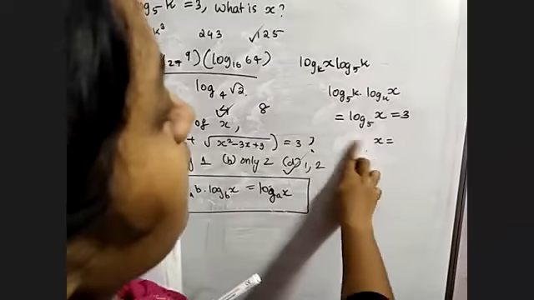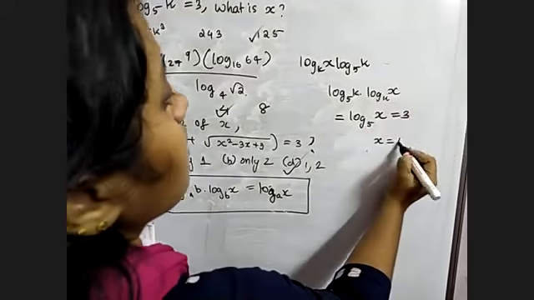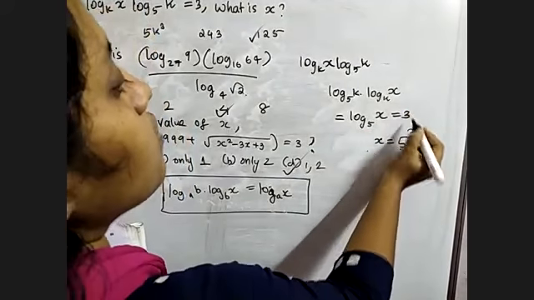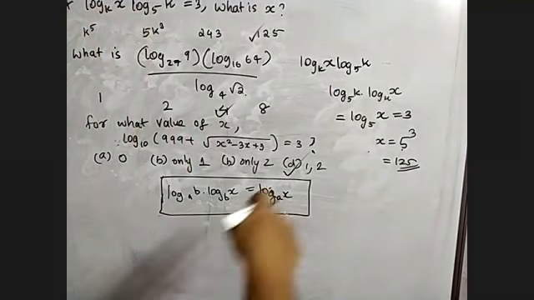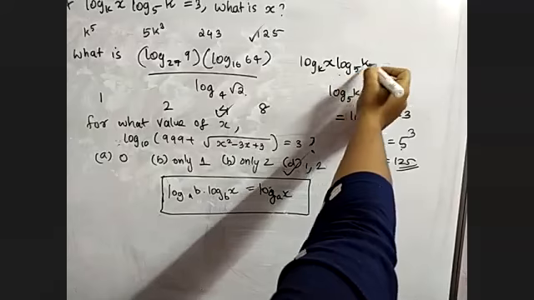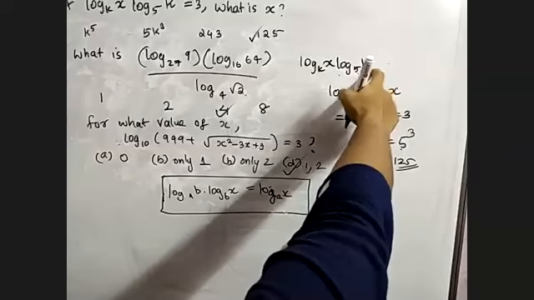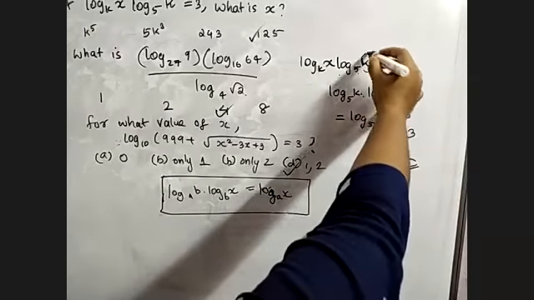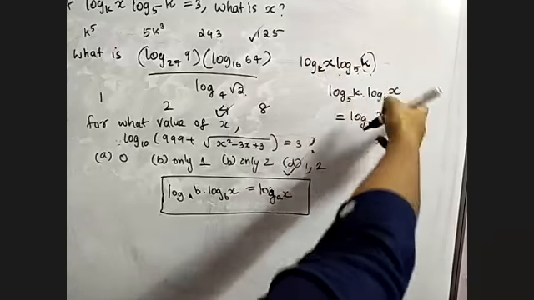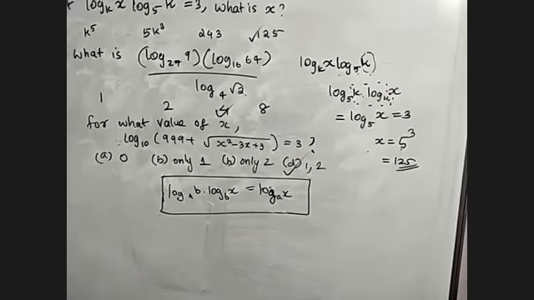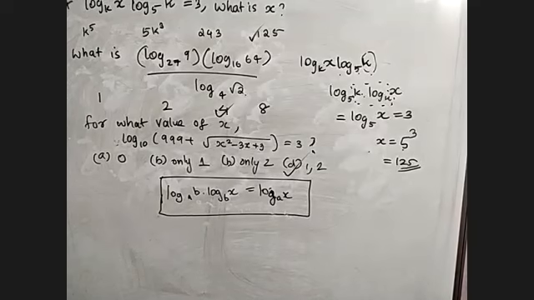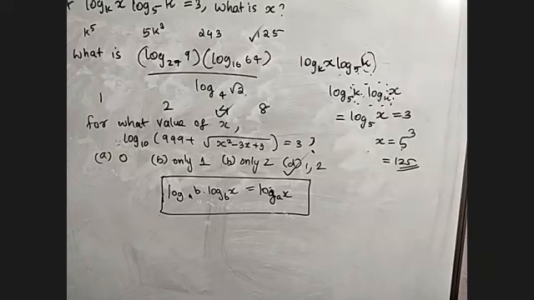So x can be written as: this base will become the base, this will become the power. See, log 5k into, in the next term, this k is going as base. So log kx. Then we will eliminate this much. So we'll have log 5x only. So we'll get 125.